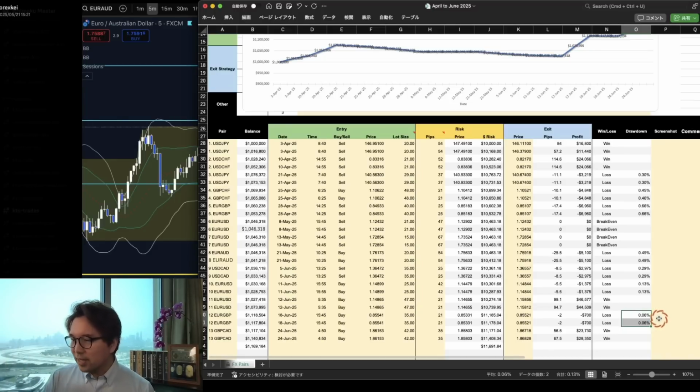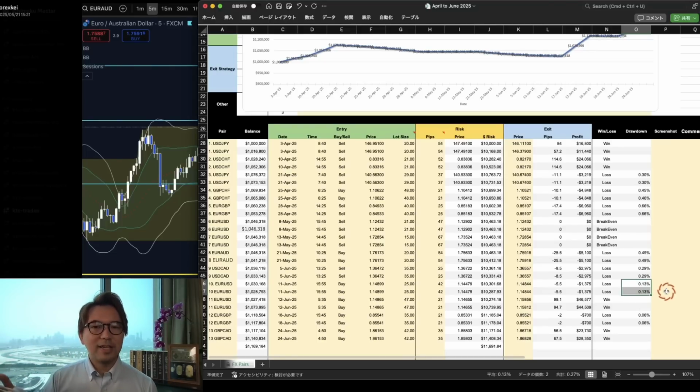So this exit and this 0.13% times 2 drawdown were not done by the exit strategy, what I call the invalidation against my entry confirmations, because I just exited the trades manually, either before going to sleep or before the big fundamental news.